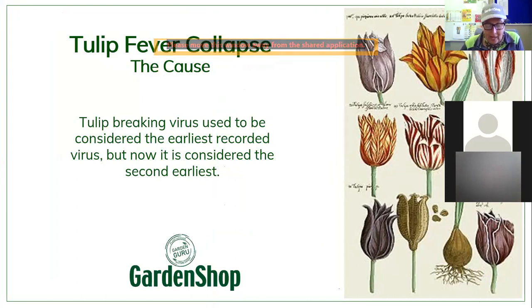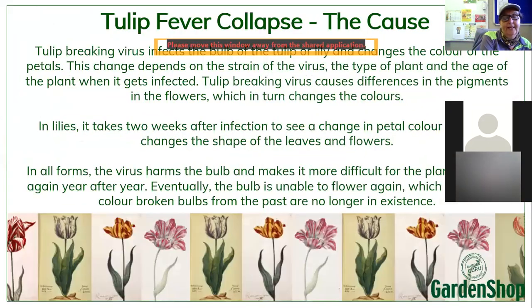And this tulip virus, it was thought for a long time that that was actually the first virus that was ever identified, but subsequently it now holds the place of the second virus ever discovered. And that is for humans, plants, and all of that.